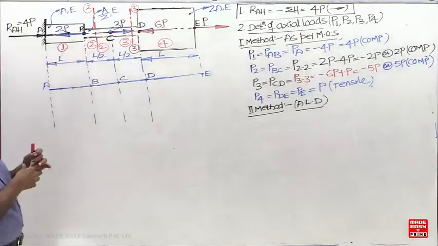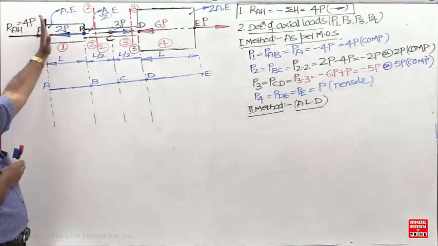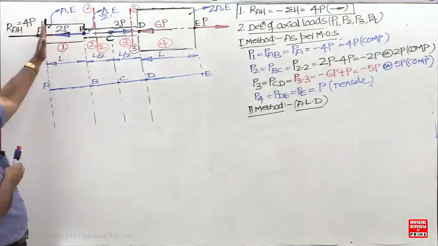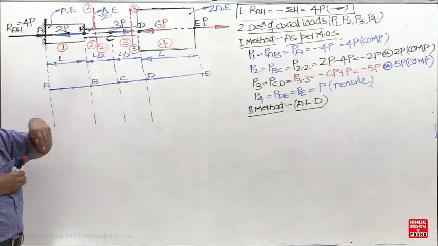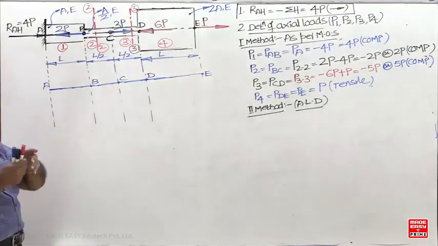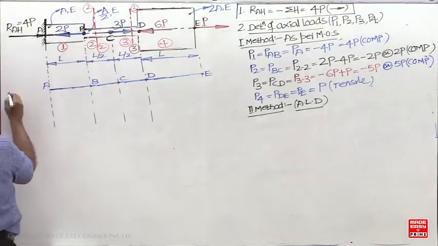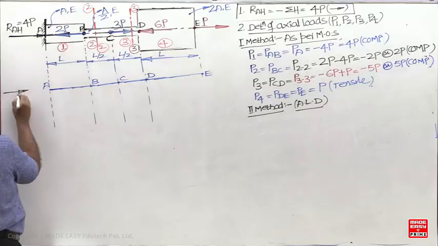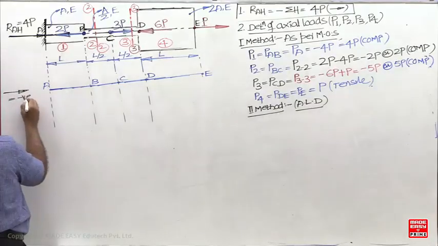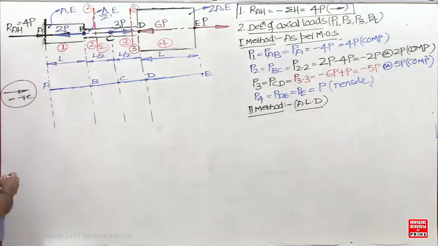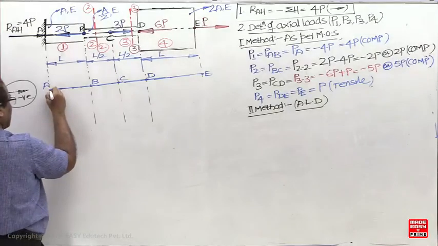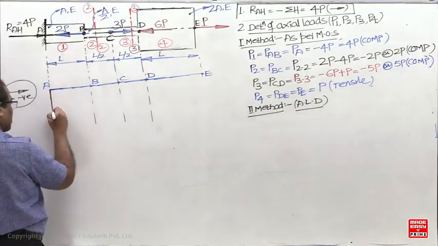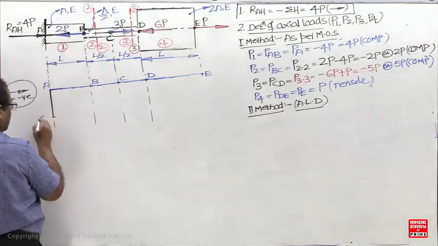I'm starting from the extreme left side, so take it as algebraic from the left side. On the left side, how many axial loads? Only one, a compressive load. Compressive load is taken negative, and the direction is not towards the right side. So this should be taken as negative, and you have to draw the vertical line downward.